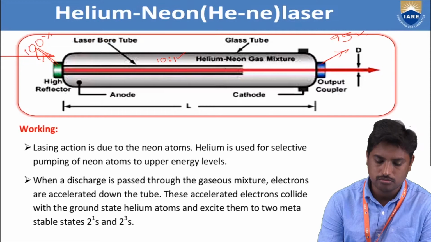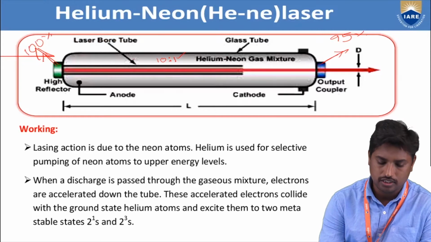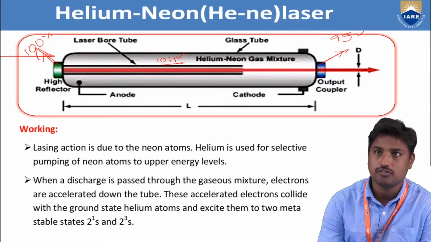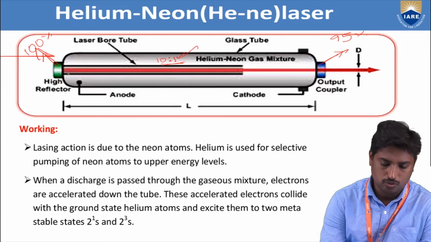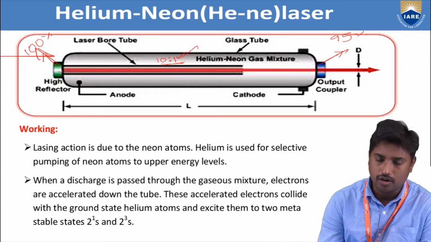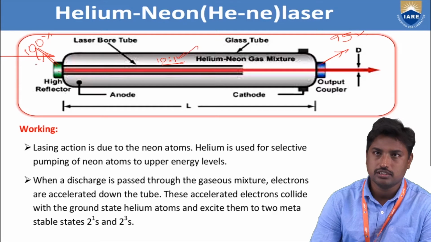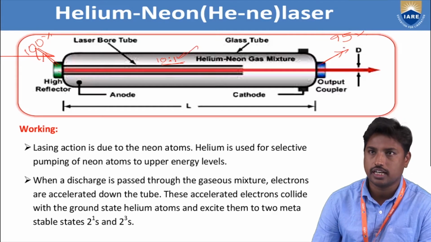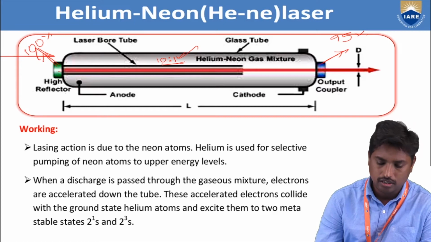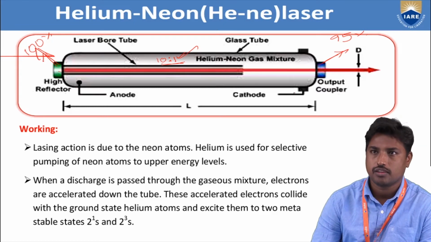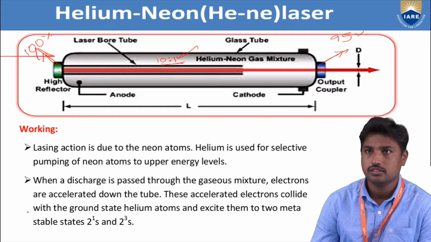This is the glass tube, filled with helium and neon gases in the ratio of 10:1. After that, the two ends are polished. One end is 100% silvered and the other end is 95% silvered, and it is connected to the electrodes, cathode and anode, which give a pumping mechanism. So I am giving the dimensions also.